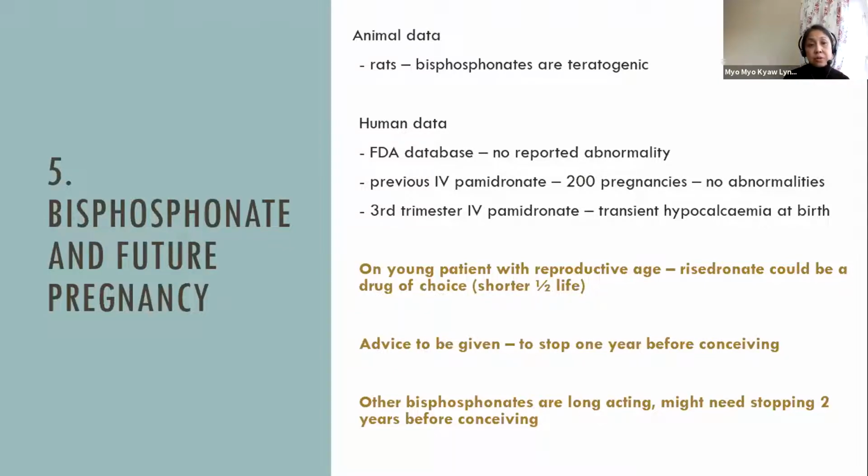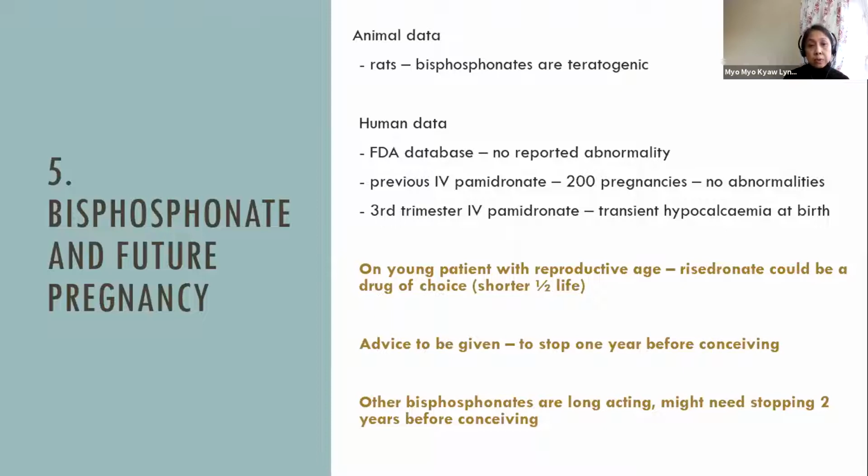Young patients suffer osteoporosis for many reasons, like anorexia, malabsorption syndrome, or gut resection secondary to UC or Crohn's disease.